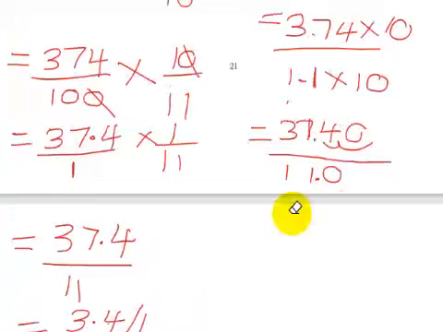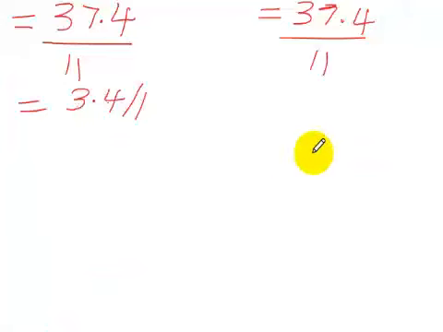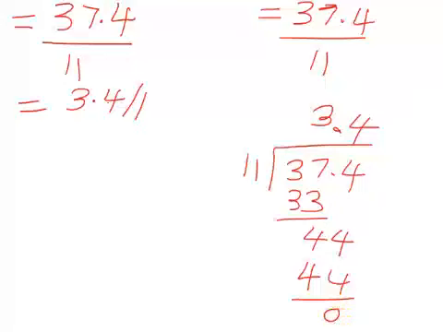Now I need to divide 37.4 by 11. So using the long division method, I will divide 37.4 by 11. 3, 33, then 4 into 11, 44. Answer is 3.4.